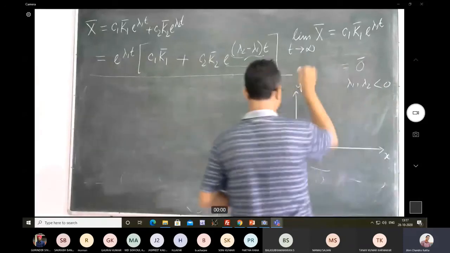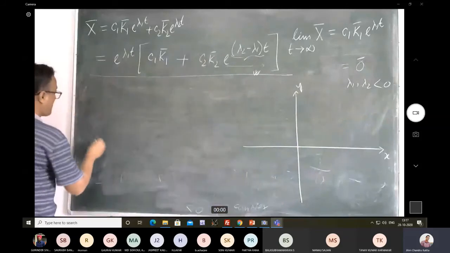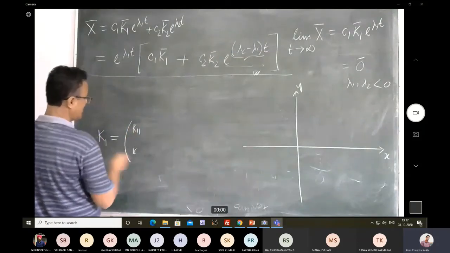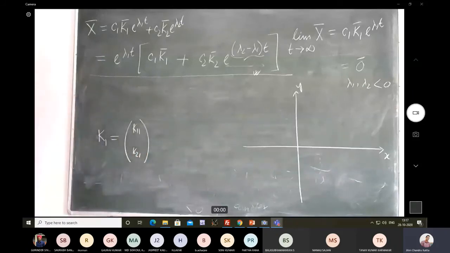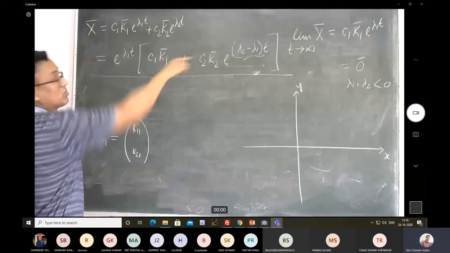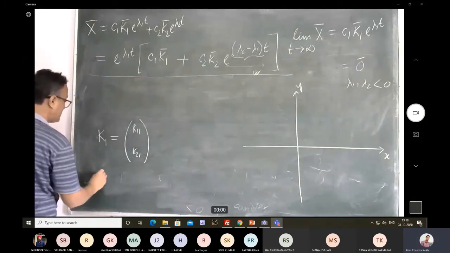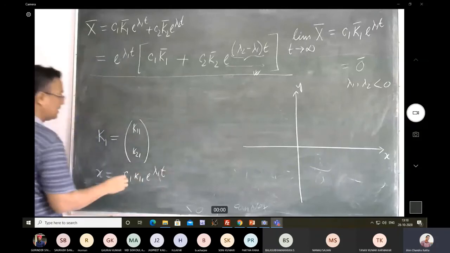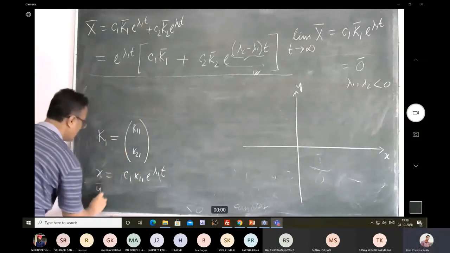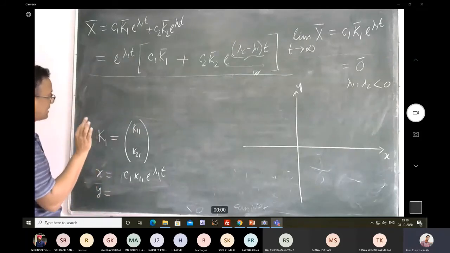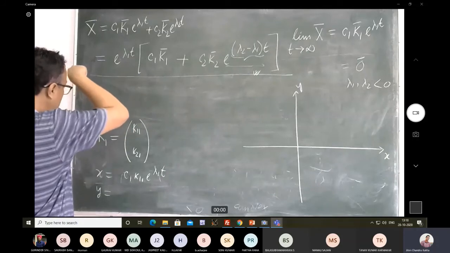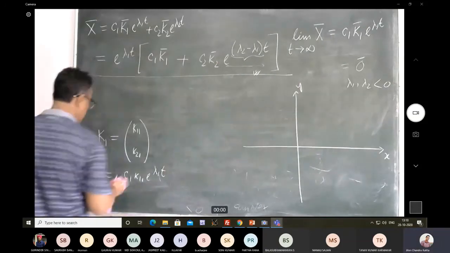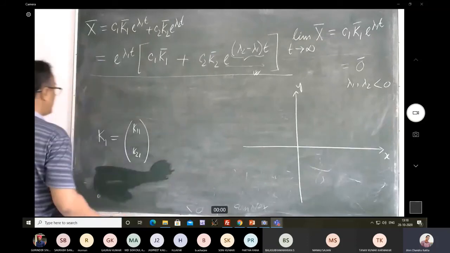Suppose this is x, this is y. Now suppose this k1 is something like k11, k21. So if you look at x, your x equals c1 k11 e to the power lambda 1 t, and y equals c1 k21 e to the power lambda 1 t.